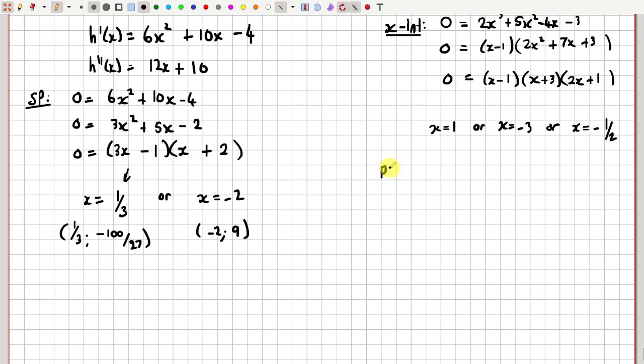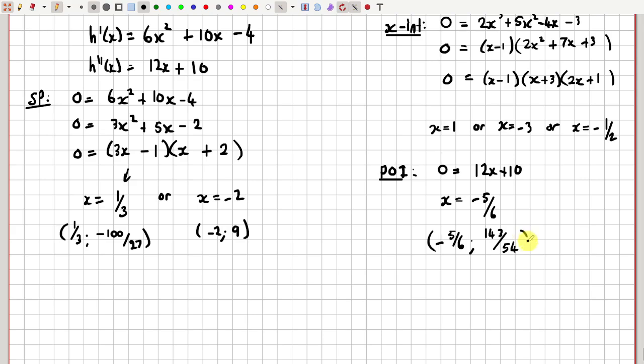Let's do our point of inflection by making our second derivative equal to 0. If we do this, we get that x is equal to -5/6. If we sub that back into the original equation, we will get (-5/6, 143/54).